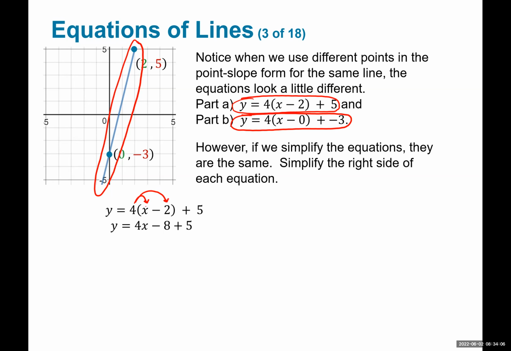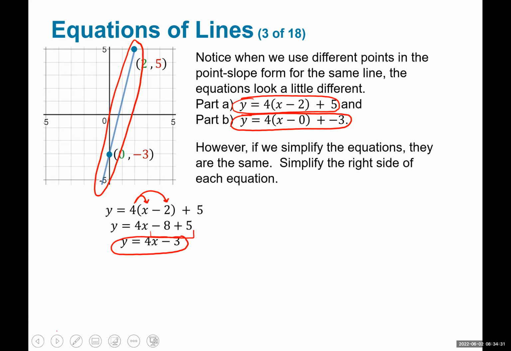So we're going to do 4 times x, which is 4x, and 4 times -2, which is -8, okay? Now there are no more parentheses, so we can put these 2 together. -8 plus 5 is -3. So when we simplify this, we get y equals 4x minus 3.